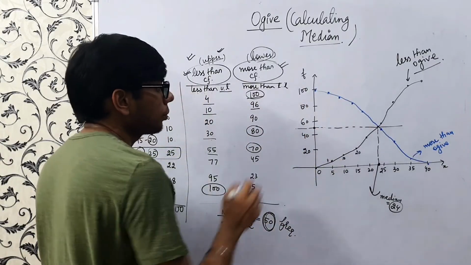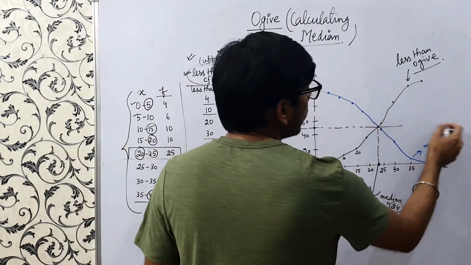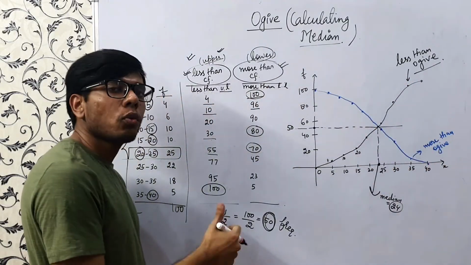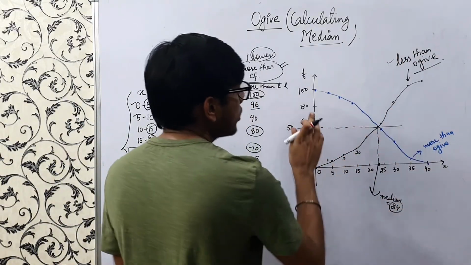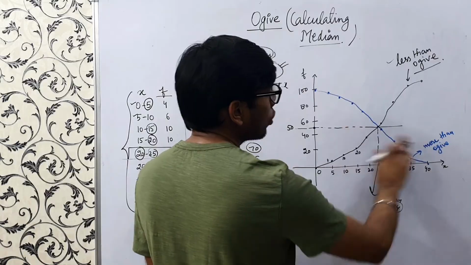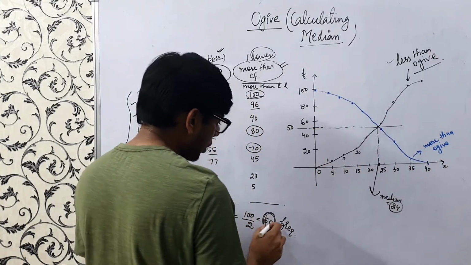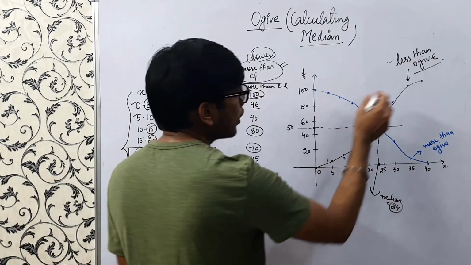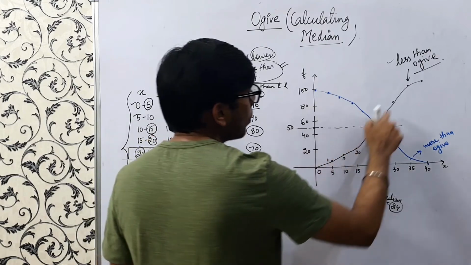Suppose you haven't drawn both, we can calculate the median using only one of the ogives, like less than ogive also, and more than. Suppose I just don't have this blue curve, so ignore it, we only have the black one. I'll calculate n by 2 equals 50. When we have both, we just take the intersection point, and now we only have the black one.